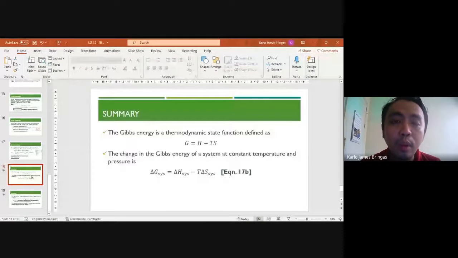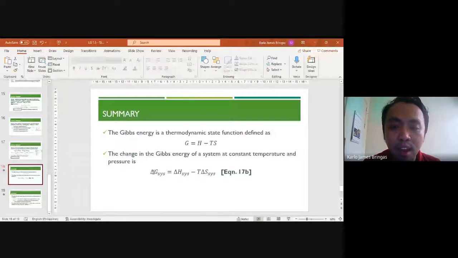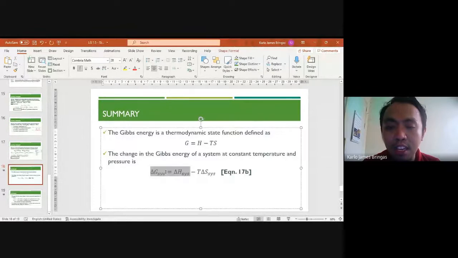So we were able to introduce yet another thermodynamic quantity called the Gibbs energy. The Gibbs energy is related to our enthalpy, the absolute temperature, and the entropy. So the delta G of the system is given by equation 17b as shown.